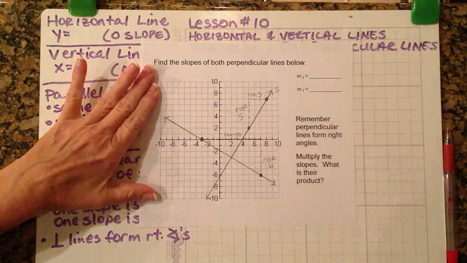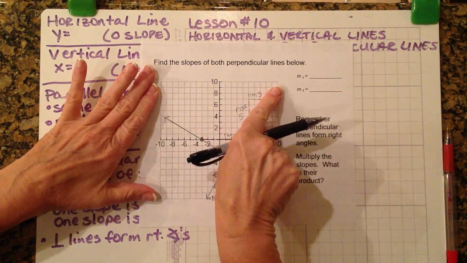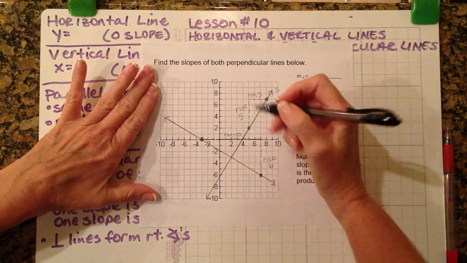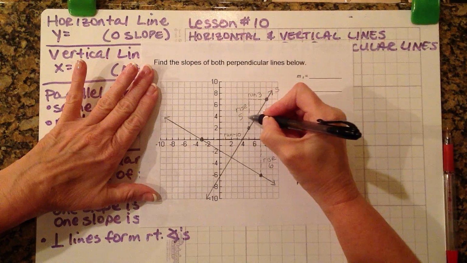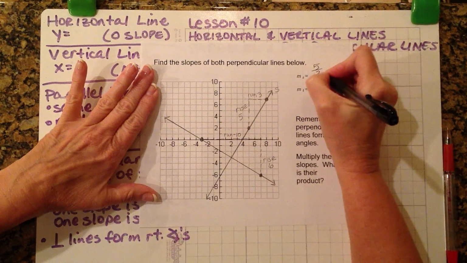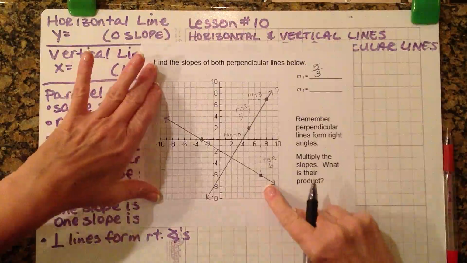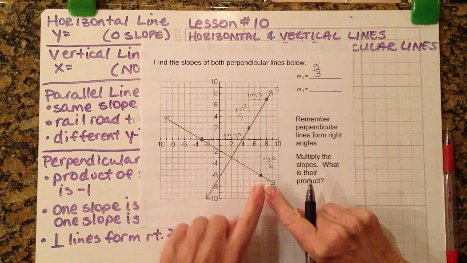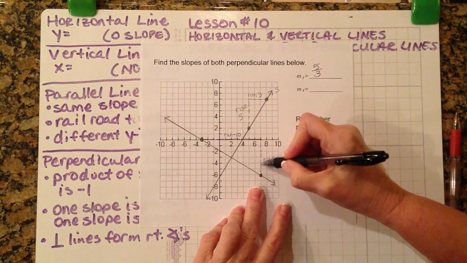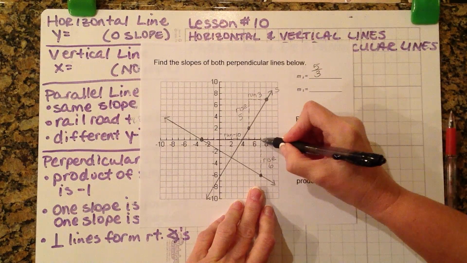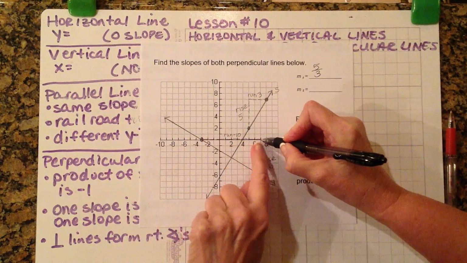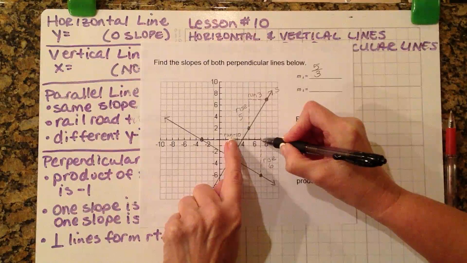We're going to do rise over run, and this one is a positive slope. Notice it's rising on the right, so it's positive. So it's a rise of 1, 2, 3, 4, 5, and a run of 3. Now let's look at the slope of this line going this way. I've already marked 2 points, and I did a rise positively of 6, but I'm running to the left, so that's a negative 10.